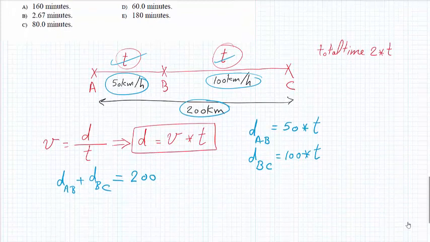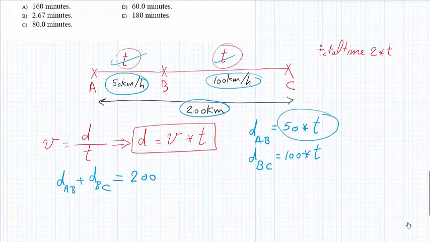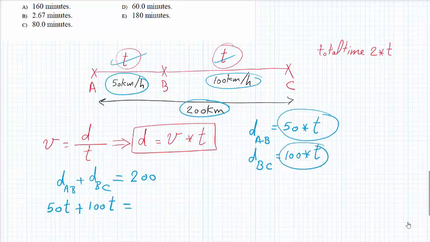So let's substitute: the first one, D_AB, equals 50 times T, plus the second one, 100 times T, equals 200 kilometers.